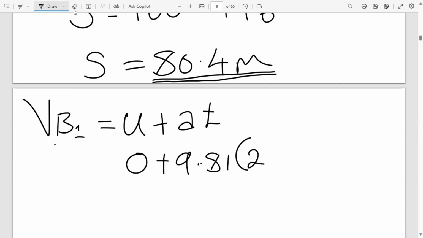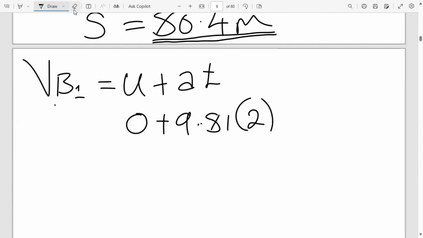And what is the time? It is 2 seconds when they met. So the final velocity of bore number 1 will be equal to 9.81 multiplied by 2, which is 19.62 meters per second.